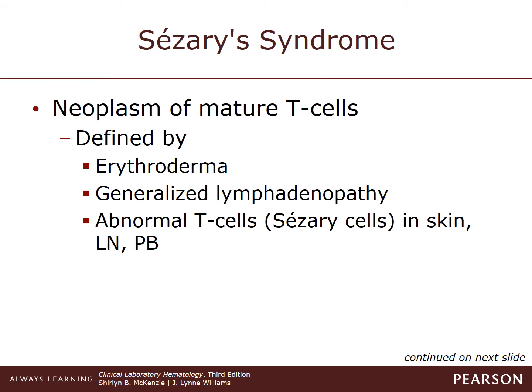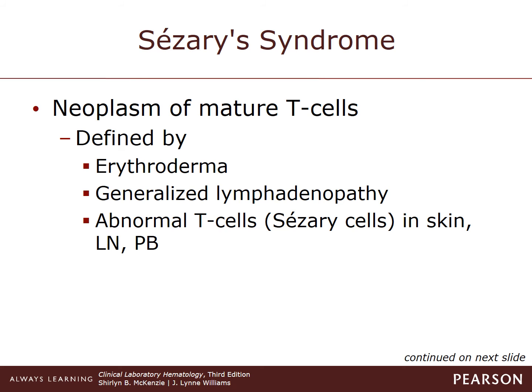Sézary syndrome is a neoplasm of mature T cells identified by a combination of red skin, or erythroderma, and that's because those cells have infiltrated into the skin. You have generalized enlargement of your lymph nodes, as well as peripheral blood involvement.